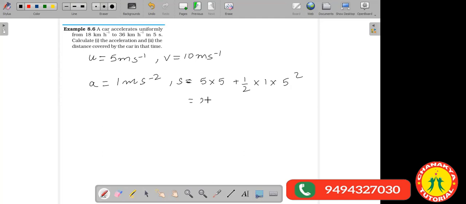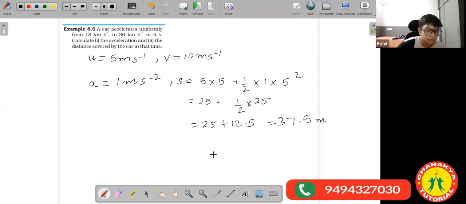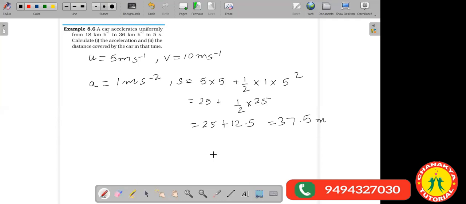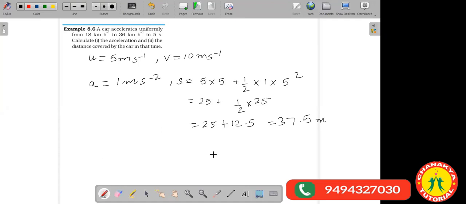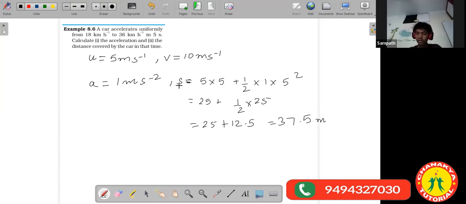So you will get 25 plus 1 by 2 multiplied by 25, and hence 25 plus 12.5. This should come out to be 37.5 meters. Yukta also got this correct. Even if we leave the distance in fractions, it is also correct.